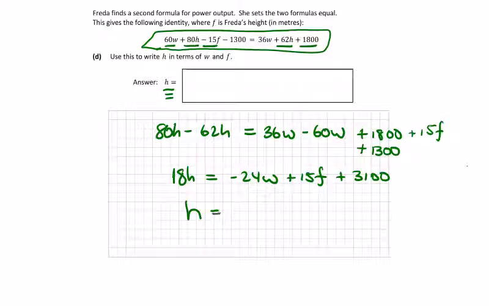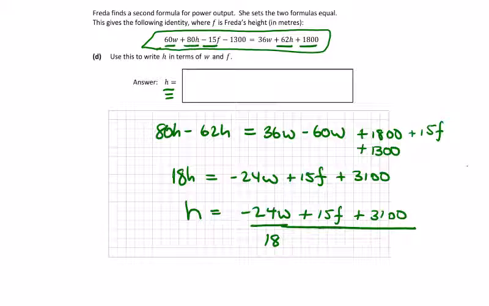And to get H on its own, we just divide this whole expression by 18. We could divide them all by 18 and put an 18 on the bottom like this, or one big line across with an 18 on the bottom. Either one will do. So that's the end of this question.